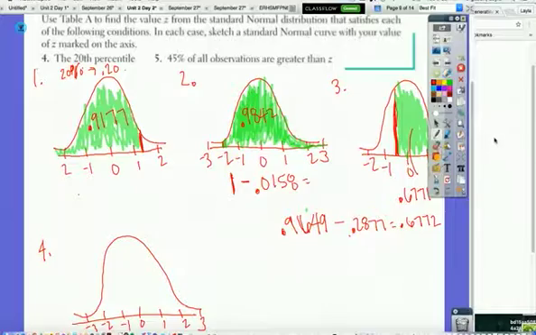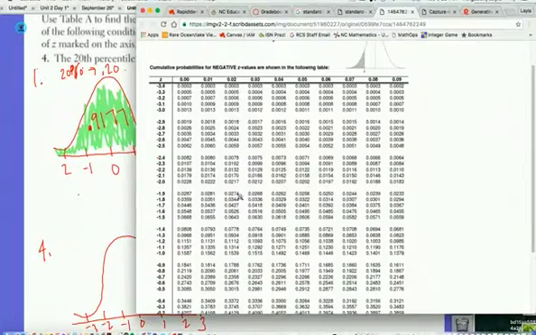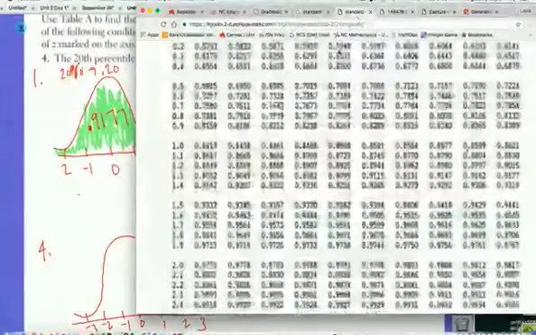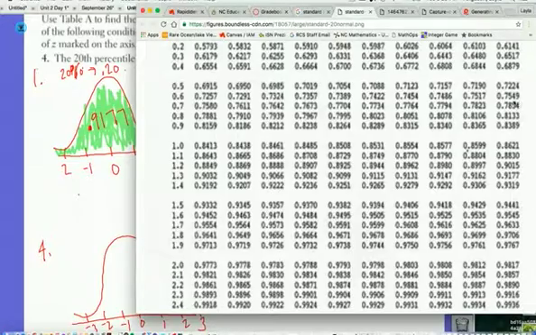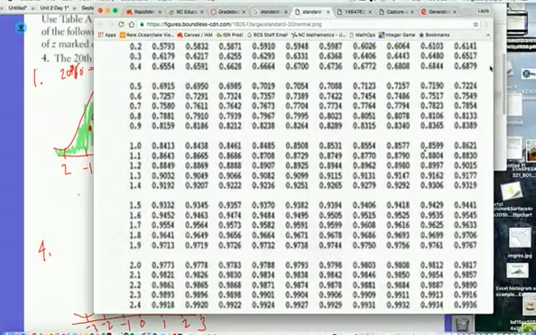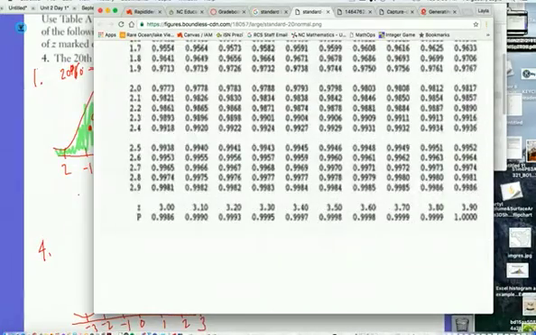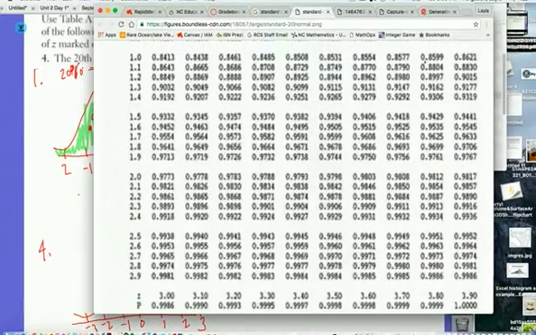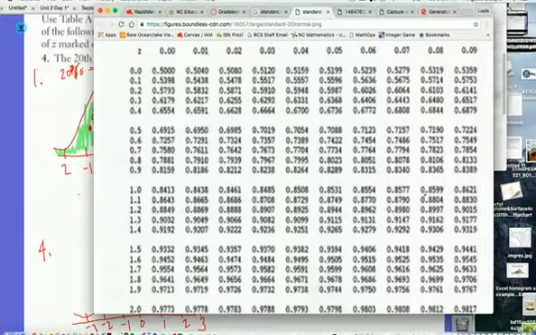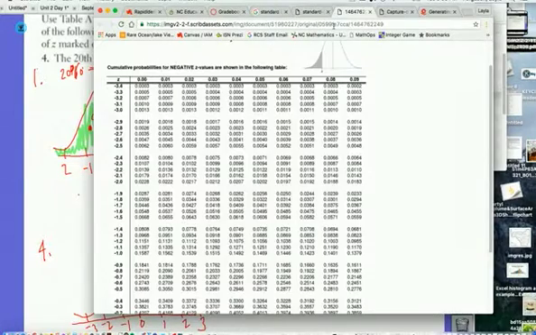So you're going to work backwards, go on the table on your positive side, and scroll through that to see if you see any that get close to 0.20. If you look through that, the lowest thing we have is 0.0, which is 0.5. So it might be good for us to look at the negative side. If we look at the negative side, then we would be looking for 0.20.